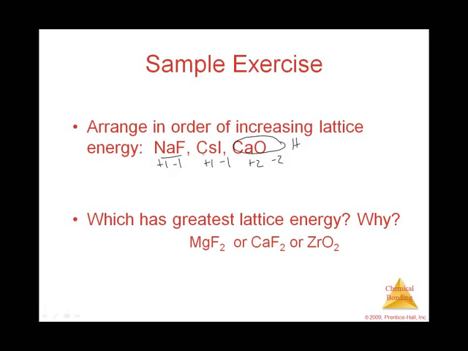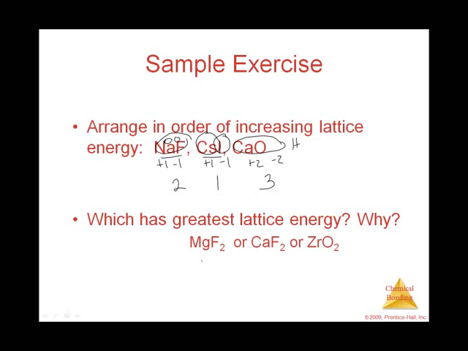And here these are both +1, -1, so let's compare the ion size. Sodium fluoride compared to cesium iodide: cesium is bigger, sodium is smaller, and iodide is also bigger compared to fluoride. So sodium fluoride is going to be higher than the cesium iodide. So this would be the lowest, second lowest, third lowest or highest.